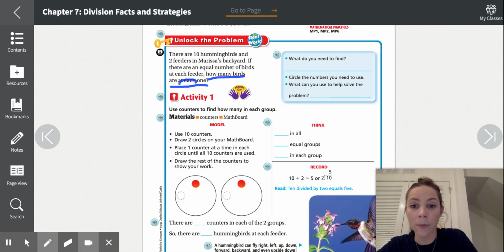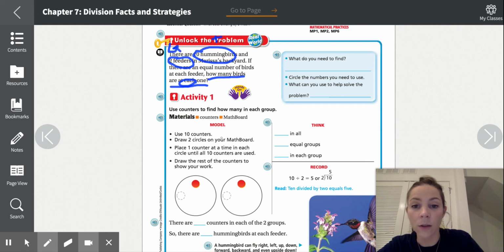So I'm remembering during our division and multiplication chapters that one of the clues is talking about each. I'm noticing up here that the 10 hummingbirds makes me think of the total. So I'm going to put the T there like we used to. And then the 2 feeders are like 2 bird feeders. So the 2 feeders are like my 2 groups.